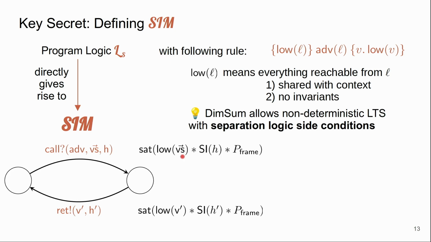It consists of low points-to for all arguments and a state interpretation for the heap on the event, together with a separation logic frame. Then the simulator non-deterministically picks any new heap h prime, such that the state interpretation can be updated to h prime, and the separation logic frame is preserved.